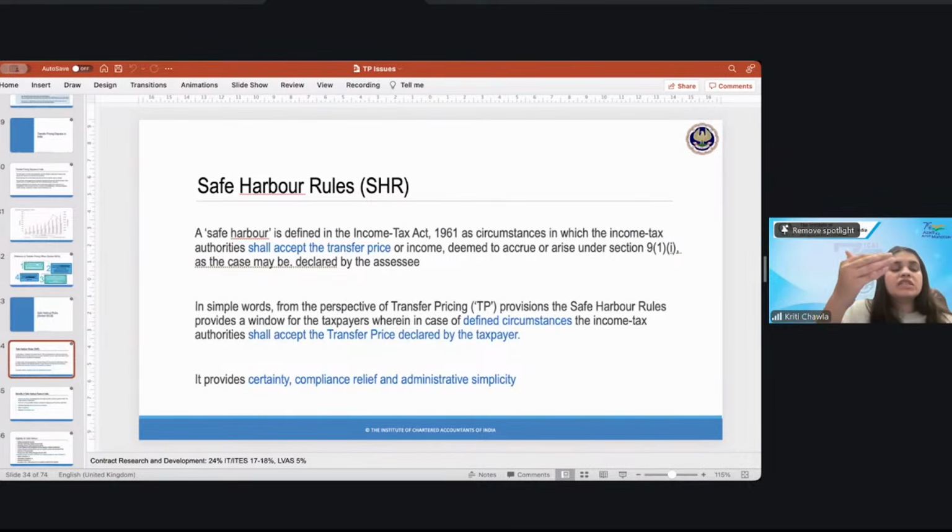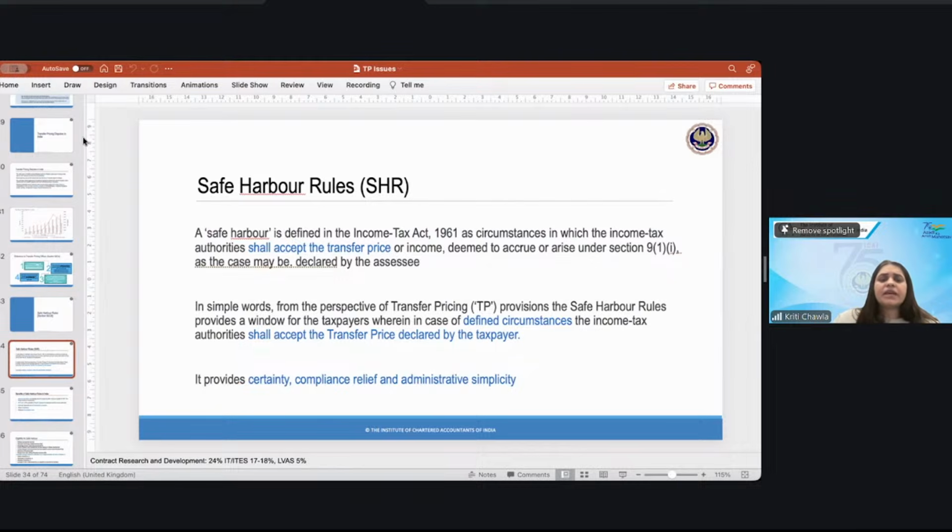So in simple words, from the perspective of transfer pricing, a safe harbor rule is more like some defined circumstances. And if under those circumstances you have earned that kind of margin, that will be very well accepted by the tax authorities. So what they've done is provide a safe harbor for the taxpayers to undertake a particular transaction.